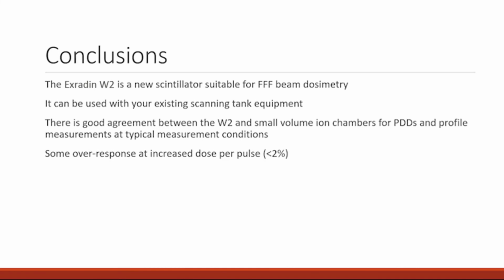There's a question about really small fields. Do you think that you would still need to apply correction for Cherenkov even at those very small fields, given that the Cherenkov may be negligible because of the very small area of the fiber that's irradiated?